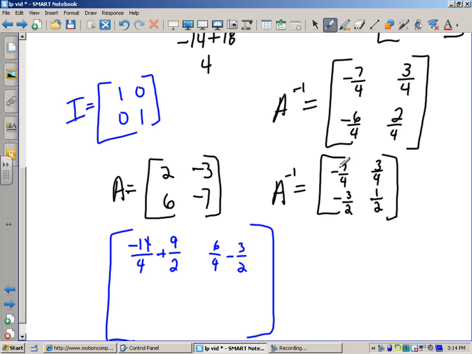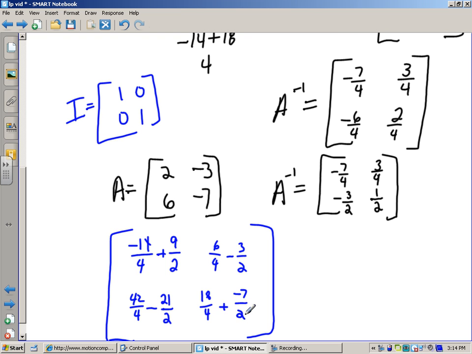And then we have 6 times 7/4, which is 42/4, and then that's minus 21/2, and then 6 times 3/4, so that's 18/4, and then negative 7 times 1/2, that's plus, negative 7 times 1 is negative 7, and then that's over halves.